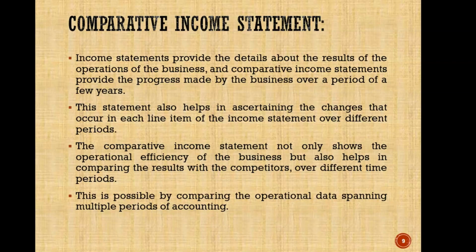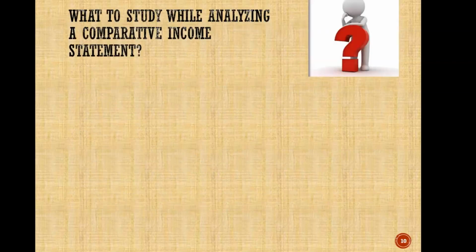That means while preparing this comparative income statement, it is necessary to have data of more than one year or the data of two or more organizations. If we have two organizations, we can compare their data and come to know the efficiency of the organization.